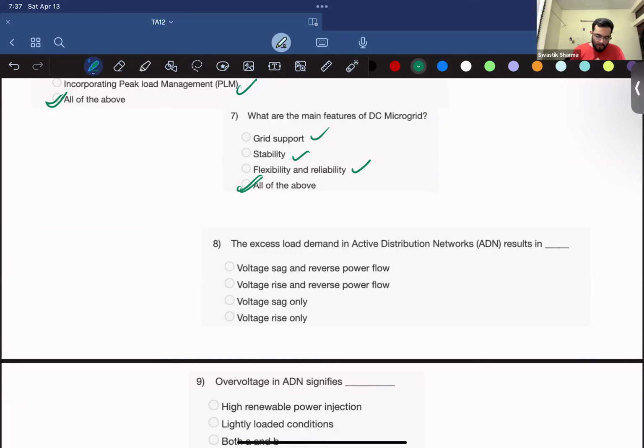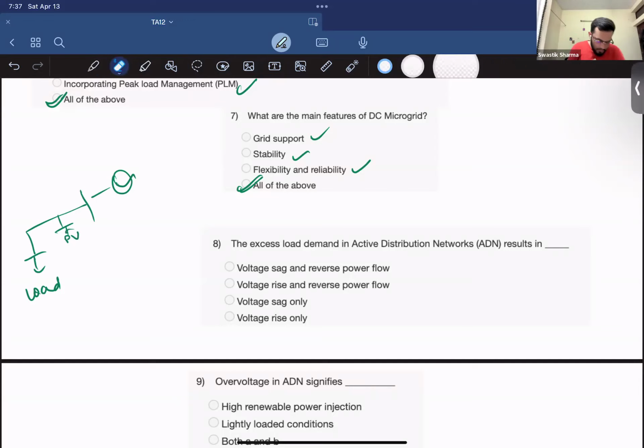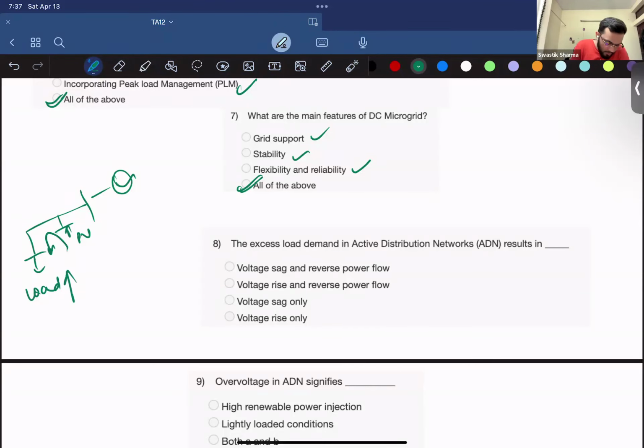Okay, let's talk about this. You have a distribution system with a load, and you are taking power from some utility. Some PVs are there. When your load increases, your PV would feed it; it won't feed power back to the grid.